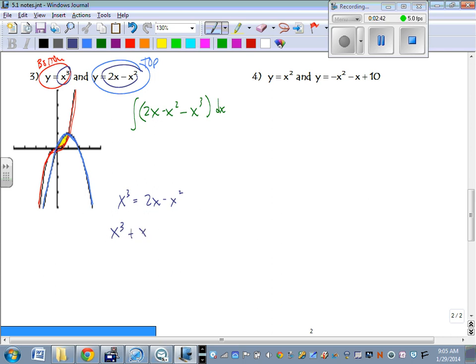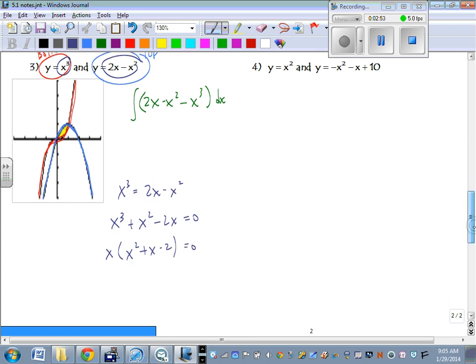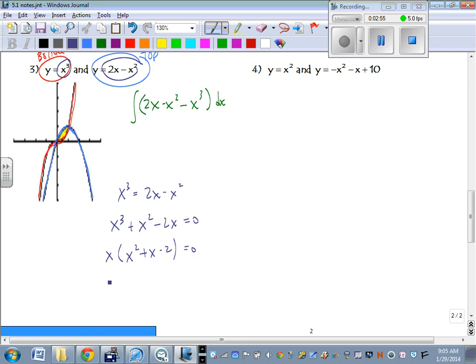So x cubed plus x squared minus 2x equals 0. We can factor an x out. And then we can factor this trinomial into two binomials. We get x plus 2 times x minus 1.